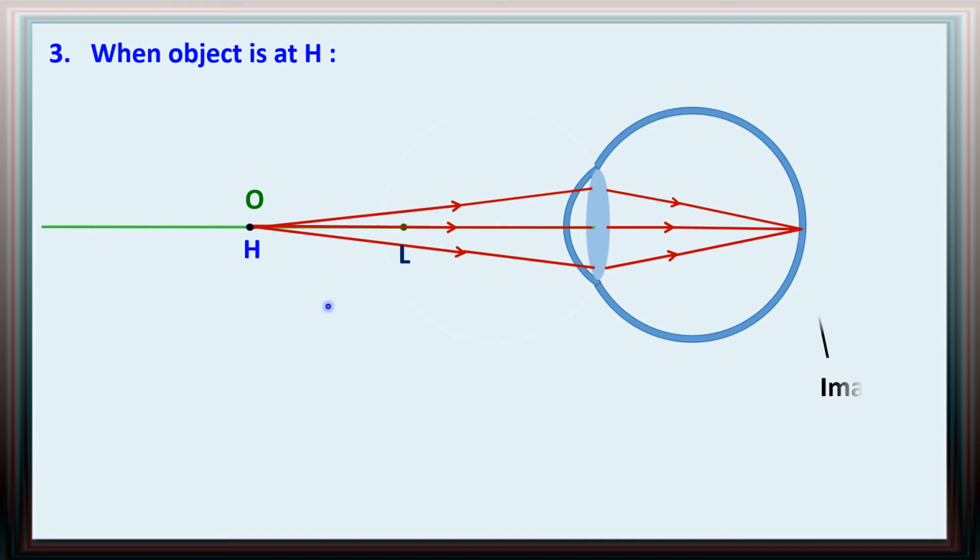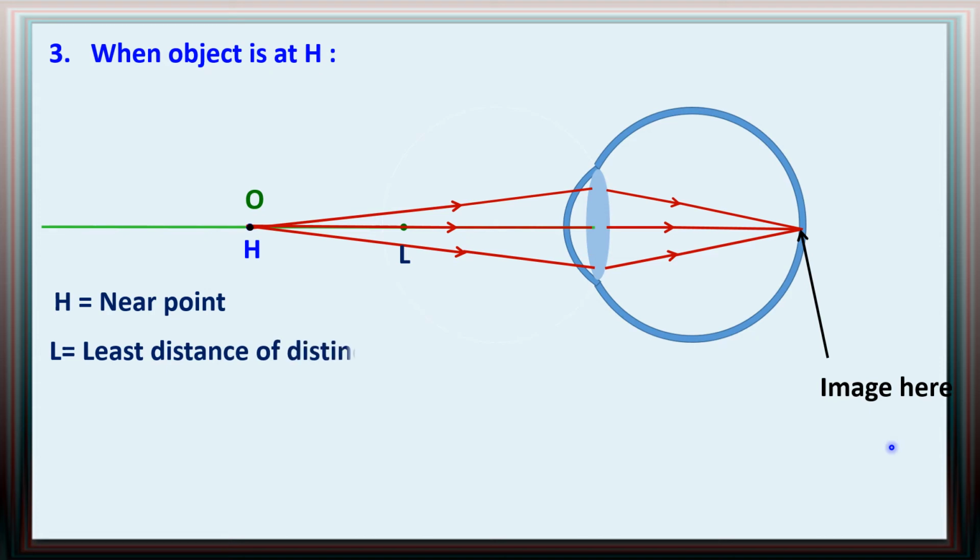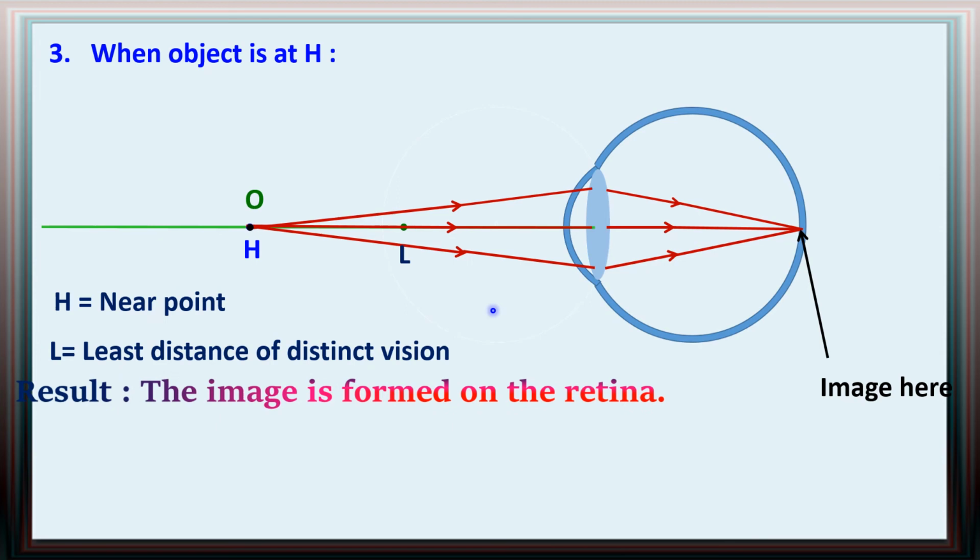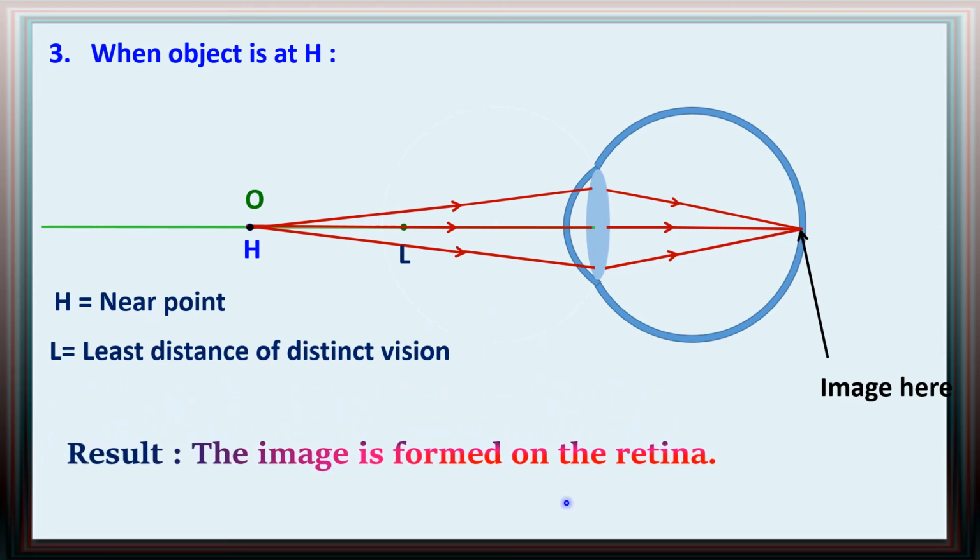So here the image is formed on the retina, that's why he can see the point object clearly. So H is the near point, L is the least distance of distinct vision point, and the image is formed on the retina in this case, so he can see the image or object.